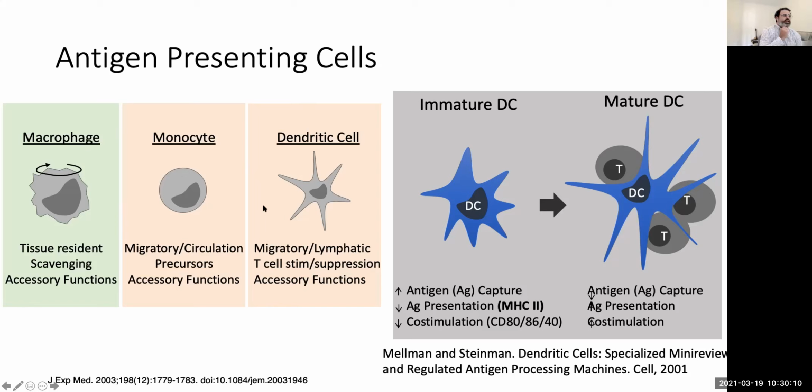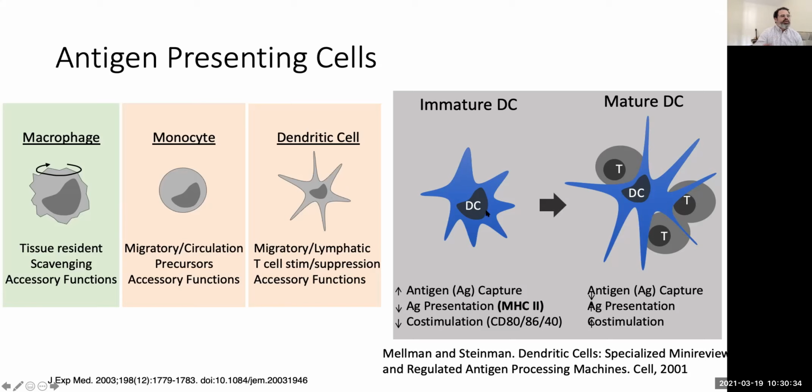Without going into too much detail, it's quite clear to say that dendritic cells are really the T cell priming machines. They're made to quickly process antigen in a manner to be able to specifically present through MHC class 2 with co-stimulatory molecules so they can activate naive T cells.